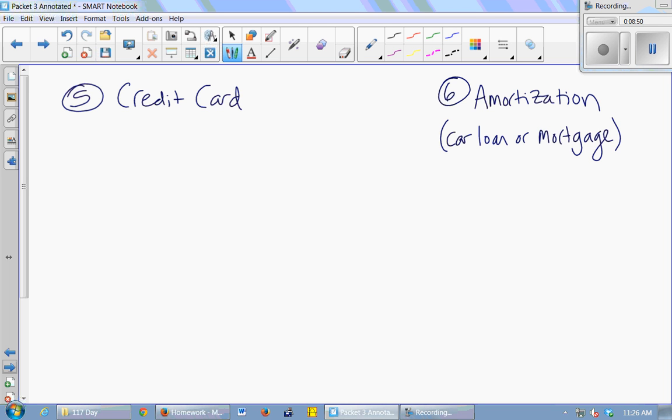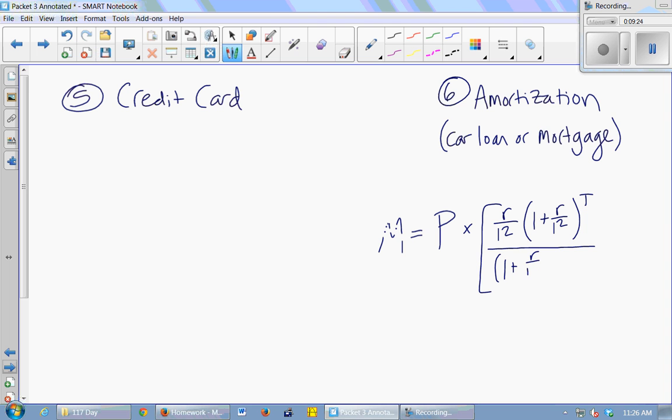For amortization, this is a loan where you're calculating your monthly payment. The formula is M equals, M for monthly payment, capital P, which is the amount you're borrowing, times R over 12 times 1 plus R over 12 to the T, divided by 1 plus R over 12 to the T minus 1.